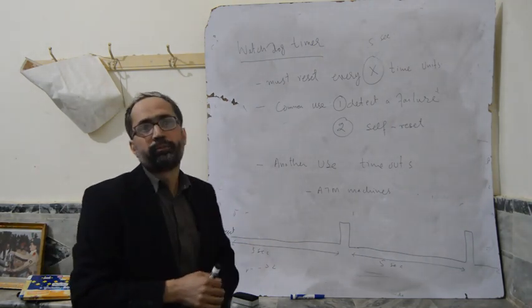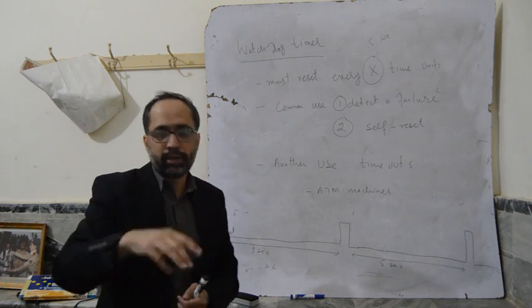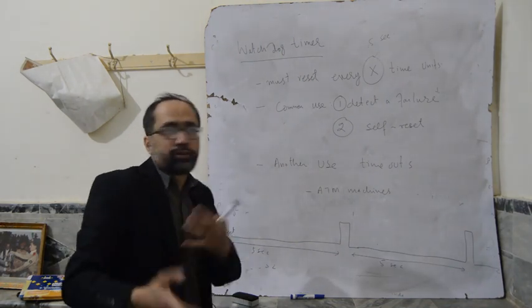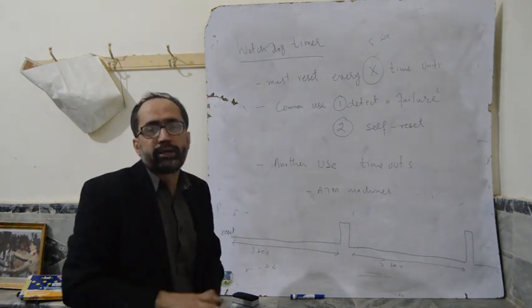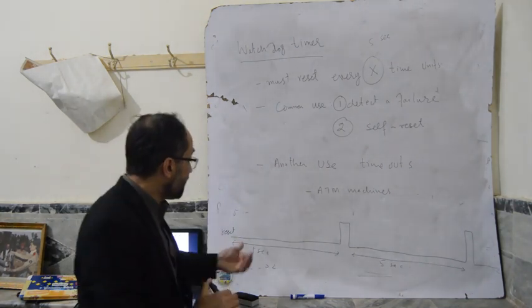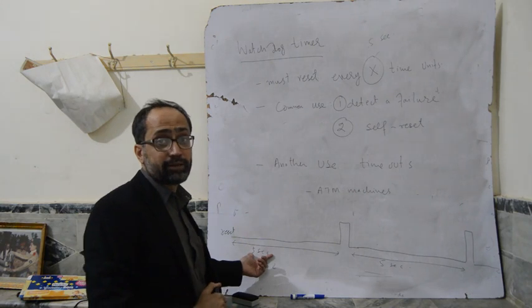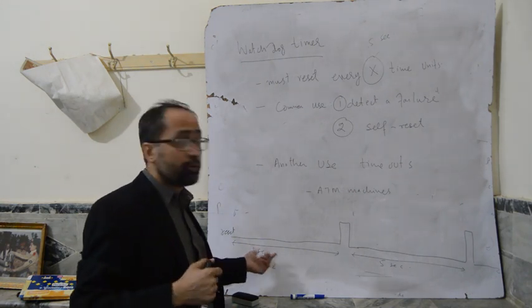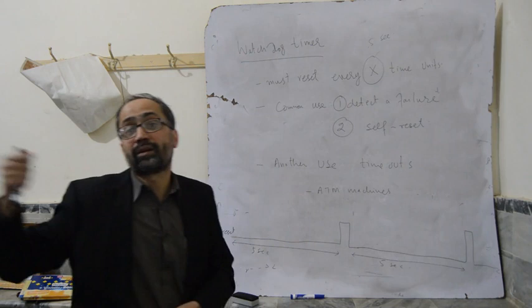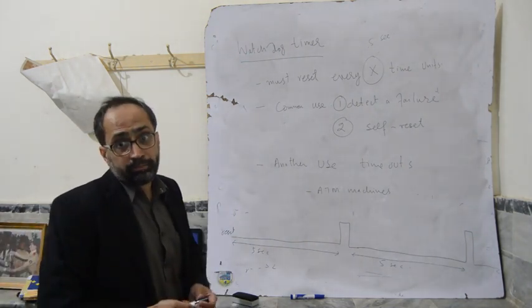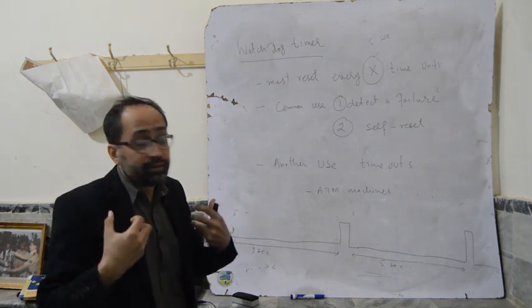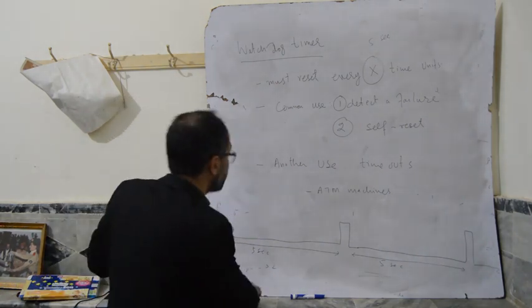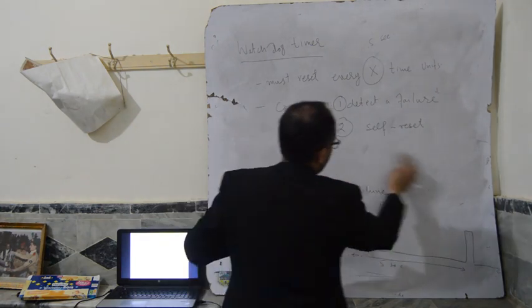The user gives the password. It asks for the money, but the user does not input anything, and if there is a delay of, let's assume, 5 seconds, and the system does not receive an input, it will reset the system and give back the card to the user. So it is used to detect failure, and the common usage is in ATM machines.